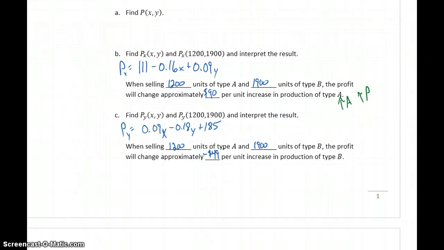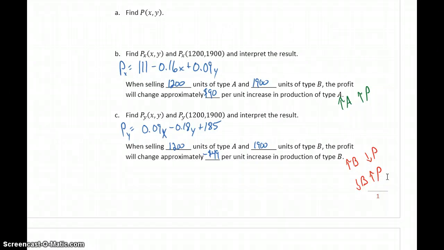Or another way to say that is it would decrease by $49. So in this case, if we increase production of type B calculators, we would actually see a decrease in profit, which would also mean we could flip that around. If we decreased the production of these type B calculators, then we would increase our profits.